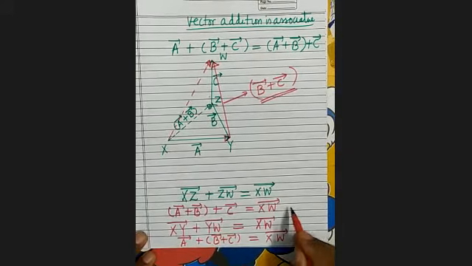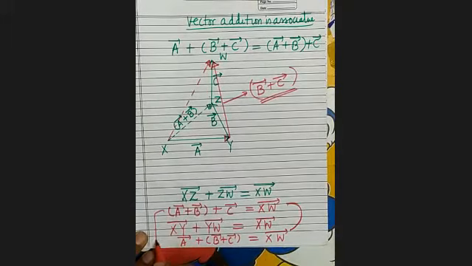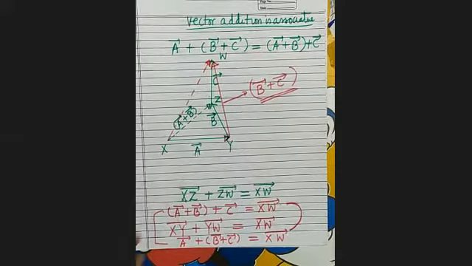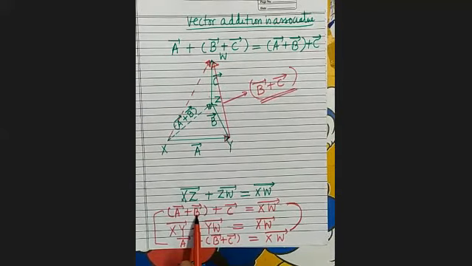So you can see from these two, their RHS are the same, therefore LHS will also be the same. That means (vector A plus vector B) plus vector C is equal to vector A plus (vector B plus vector C).